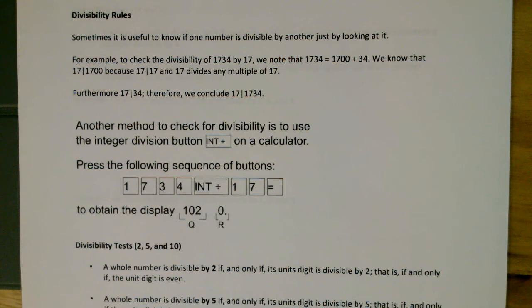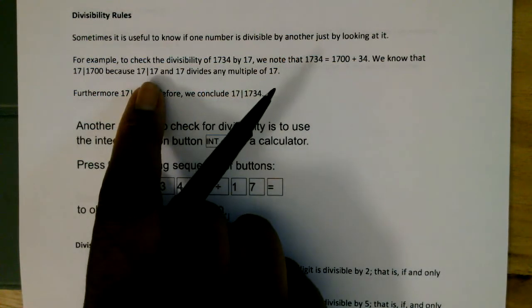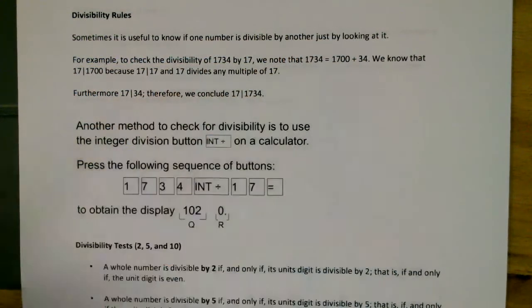We know that 17 divides 1700 because 17 divides 17, and 17 divides any multiple of 17. Furthermore, 17 divides 34 because 17 goes into 34 evenly with a 0 remainder. Therefore, we can conclude that 17 divides 1734.